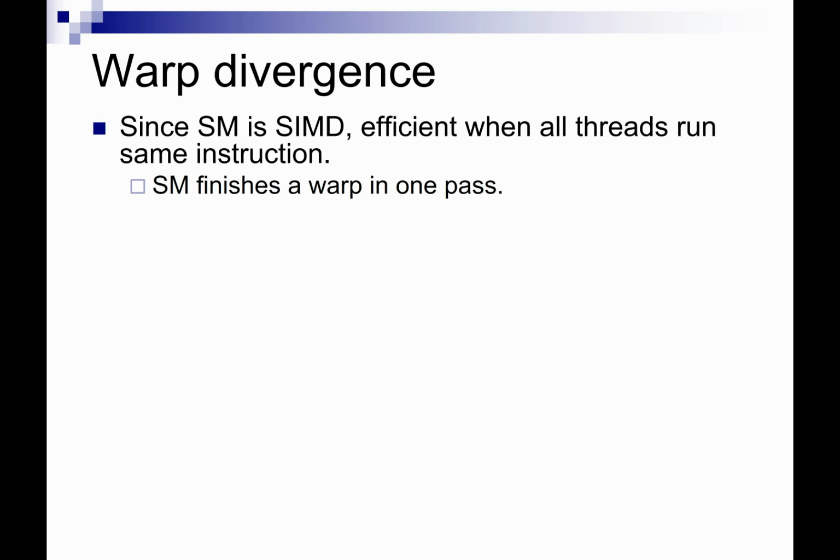If they all do the same instruction, then the SM can run the entire warp in one pass, because we have 32 cores and 32 threads, so in just one iteration, we can complete all 32 operations for the warp.